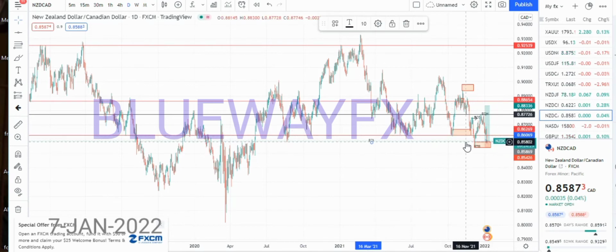When it came down and took out the equal lows at this point, it pulled back up, but something occurred within this region which I'm going to show you in the smaller time frame. Let's move to the smaller time frame and see what the market is saying.